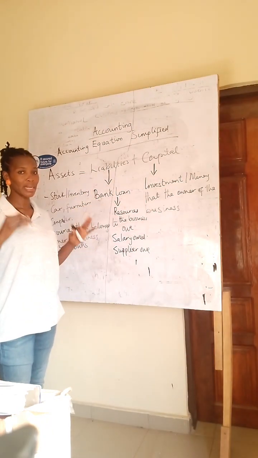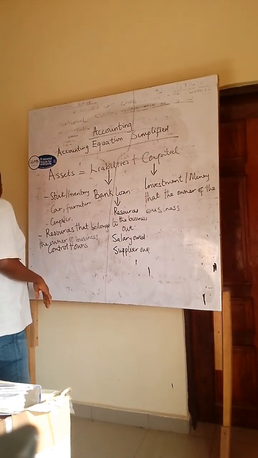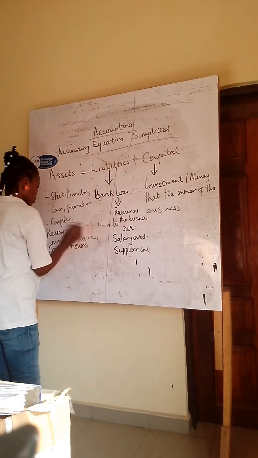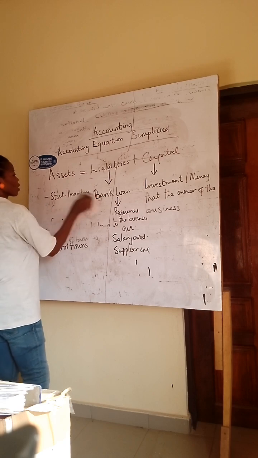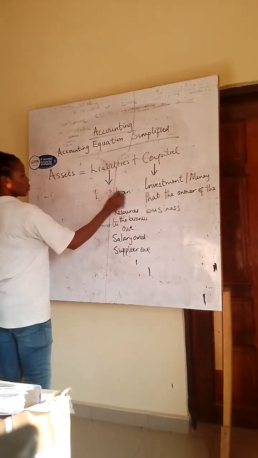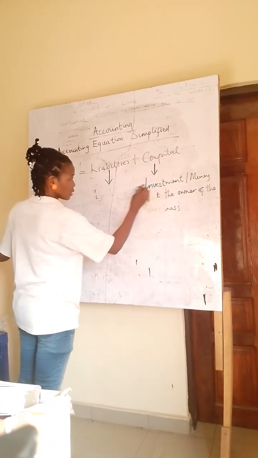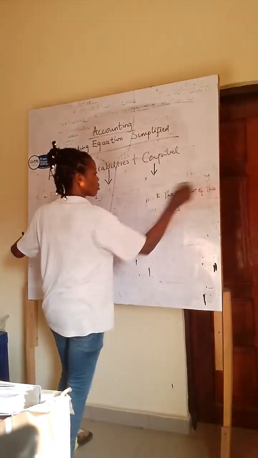Now let us apply this in terms of the accounting equation, because that is where we are going into. So I'm going to give you a first scenario to make it easier for us, so that we understand it in terms of preparing your accounts.